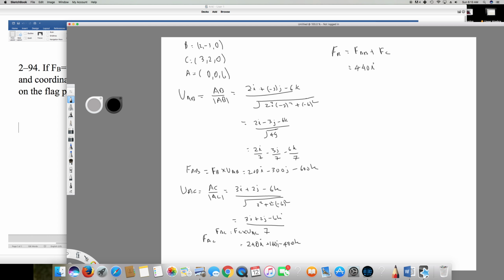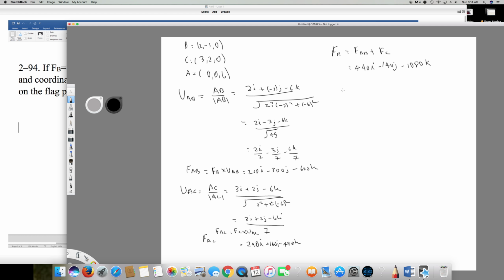So minus 300 plus 160 is going to be negative 140J. And this is 600K, and this is 480K. Both are negative, therefore it's negative 1080K. So now we have found the resultant force.